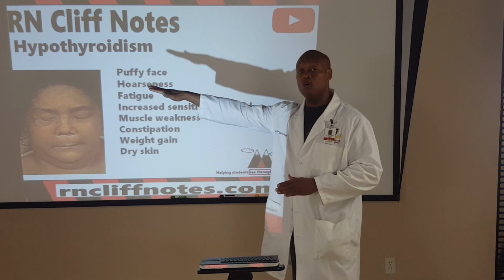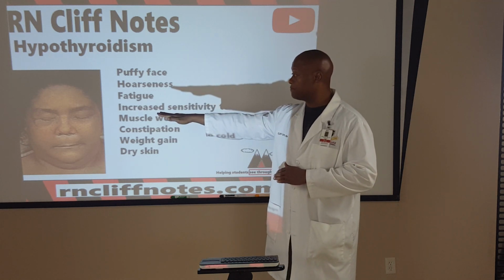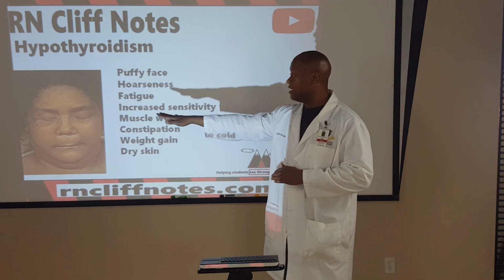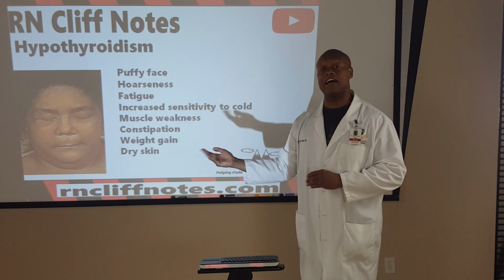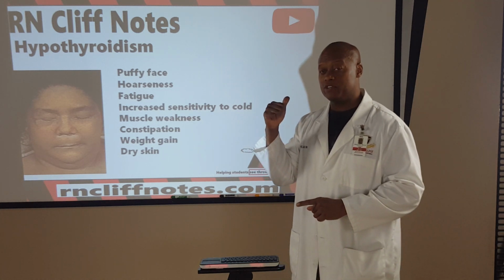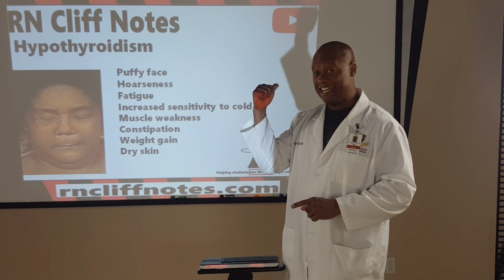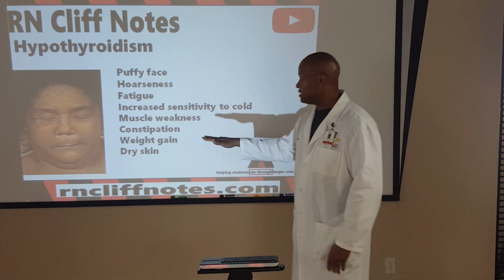So hypothyroidism. So we see a puffy face, right? And hoarseness, fatigue, increased sensitivity, this time to cold. See, the previous individual had a sensitivity to heat. This time, with a slower metabolism, they have a sensitivity to cold.